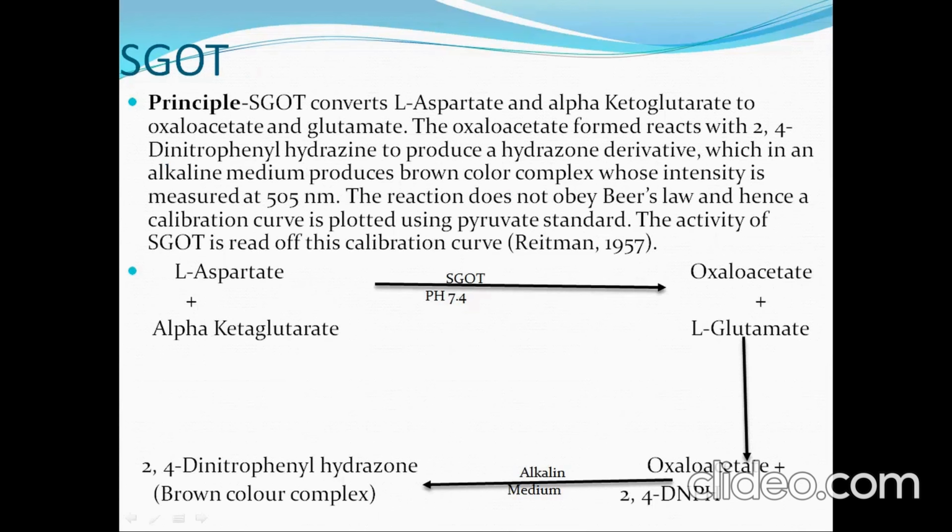SGOT. The principle behind that: SGOT converts L-aspartate and alpha ketoglutarate to oxaloacetate and glutamate. The oxaloacetate formed reacts with 2,4-dinitrophenylhydrazine to produce a hydrazone derivative, which in alkaline medium produces a brown color complex, and the intensity of this brown color can be measured at 505 nanometer.